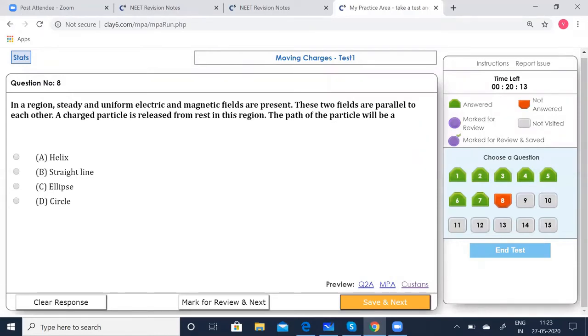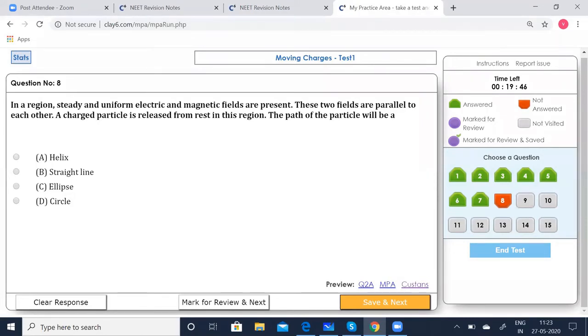Initially, along the direction of the electric field, depending on whether it is a positive or negative charge, due to this force it will acquire some velocity along the x-axis, because both electric field and magnetic field are along the x-axis.